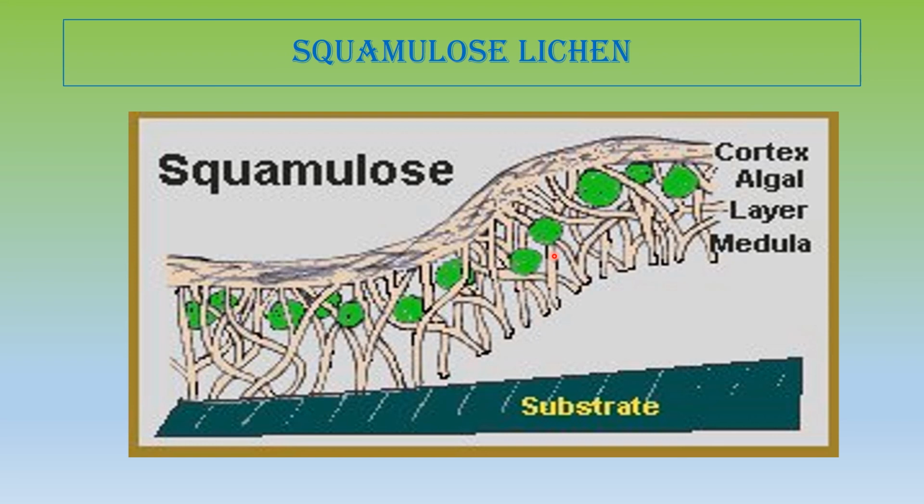The structure is very similar to that of crustose lichen. In crustose lichen we also miss the lower cortex, and in squamulose also we don't have the lower cortex. That is why most lichenologists consider squamulose lichen as a type of crustose lichen.